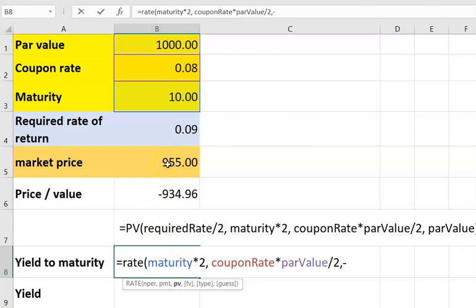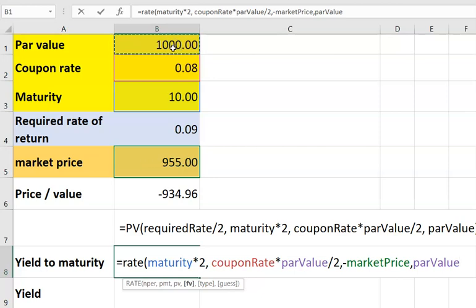Let's see what the yield to maturity is on this bond. People are paying $955 for it. What's their yield to maturity? We put in a negative because we pay that. The payment is positive because we get that. And the future value is going to be the par value.